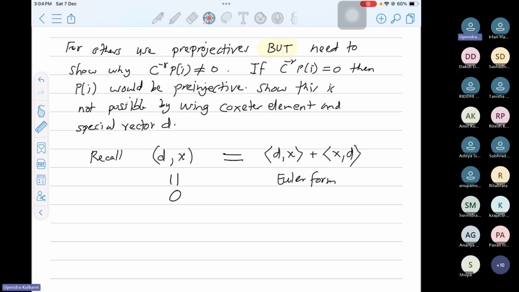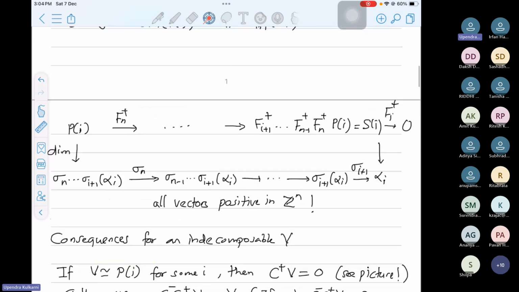Okay, all right. So let me just try to say this once again. What you're saying is that don't look over here, just look over here. These are dimension vectors. So just see the effect of what C minus does to this dimension vector. If I can calculate this, I don't even have to show that it diverges.